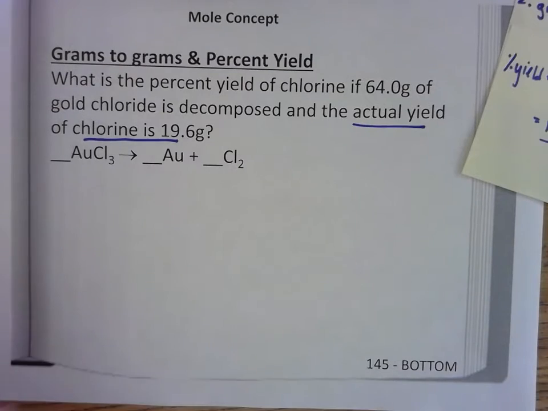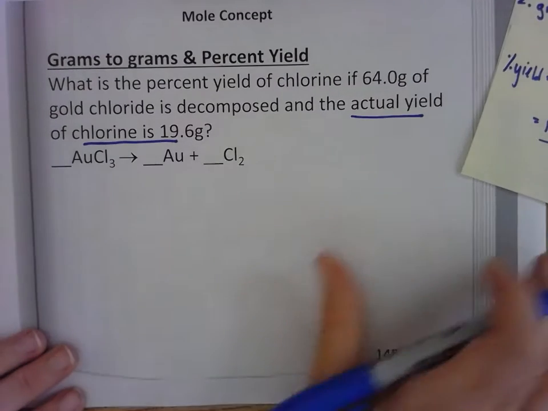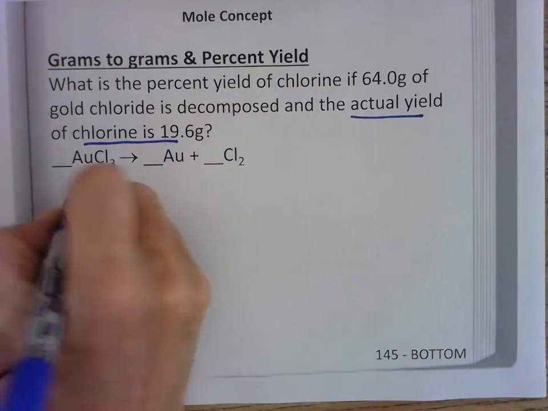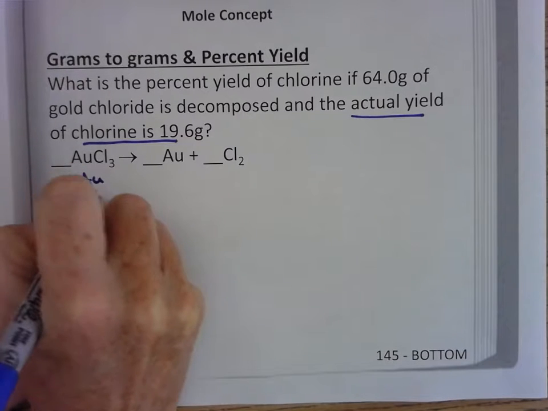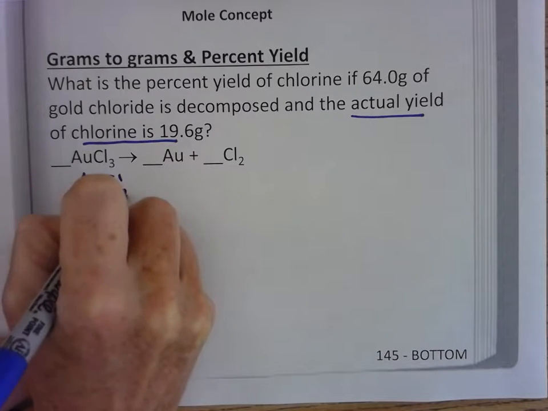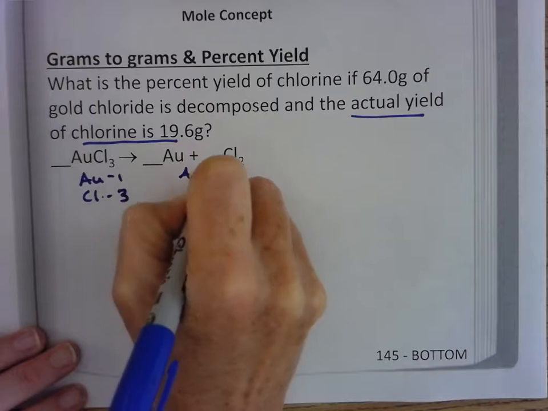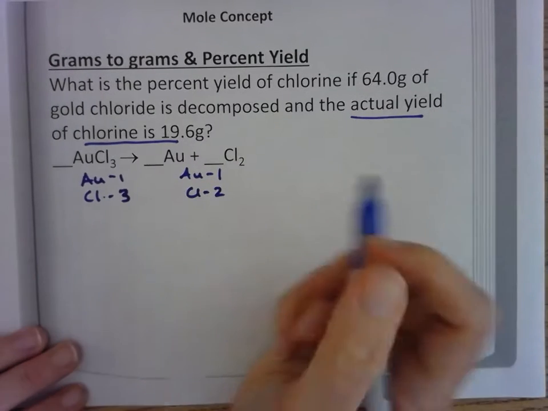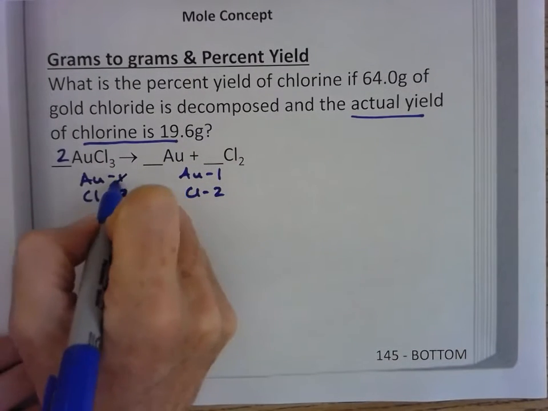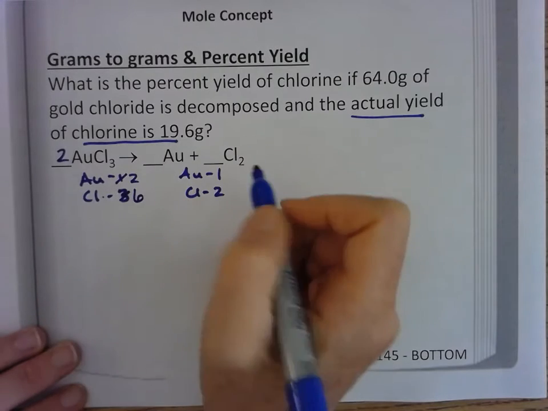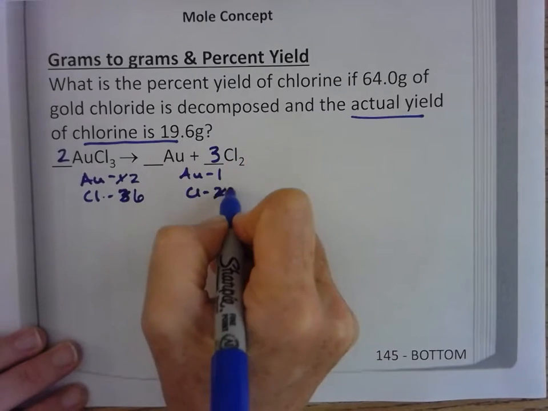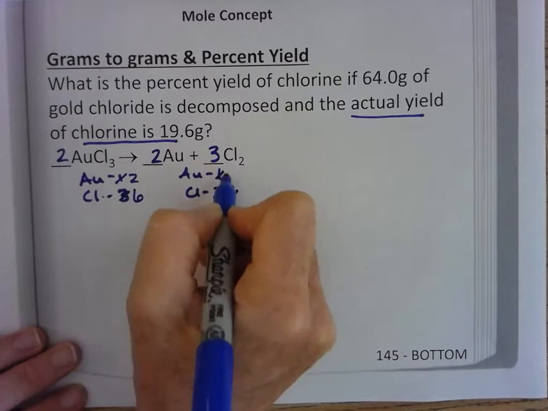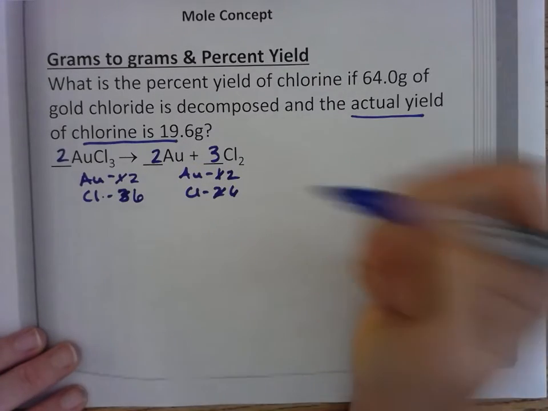Alright, so first things first, I got to balance this because I need to do gram to gram. So I have 1 and I have 3, and over here I have 1 and I have 2. I'm going to drop a 2 in here to get my odds to be even. That becomes a 3, and I drop in a 2 here. I got 2 to 6 and I'm done.